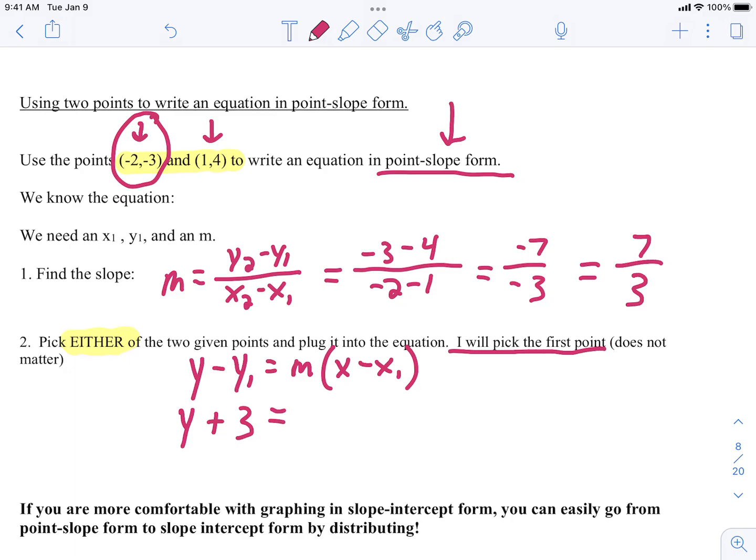Equals my slope, which I found above, is 7/3. Parentheses. I'm not touching my regular x. And my x1 from my point is a -2. So minus a -2, I turn it to a positive. That is my answer.